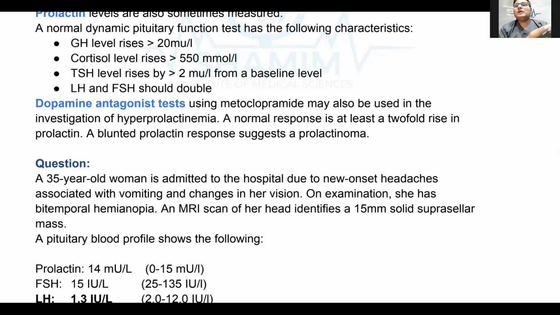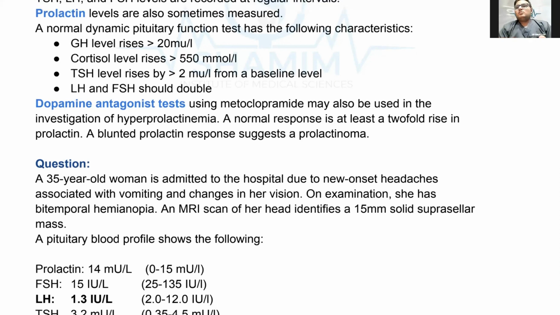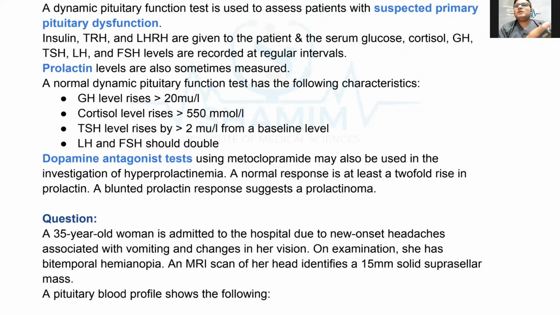So this is also part of the pituitary function test. In this lecture we discussed the pituitary function test: the effects of insulin, thyrotropin releasing hormone, and luteinizing hormone releasing hormone, and the normal dynamic pituitary function tests that increase growth hormone, cortisol, TSH, LH, and FSH. In the last part, we discussed the dopamine antagonist.